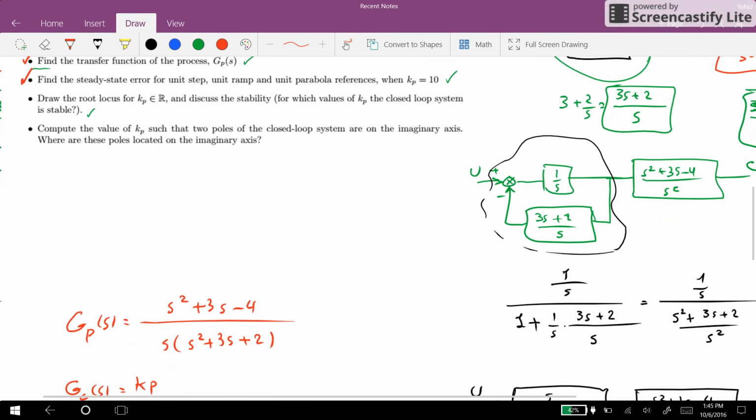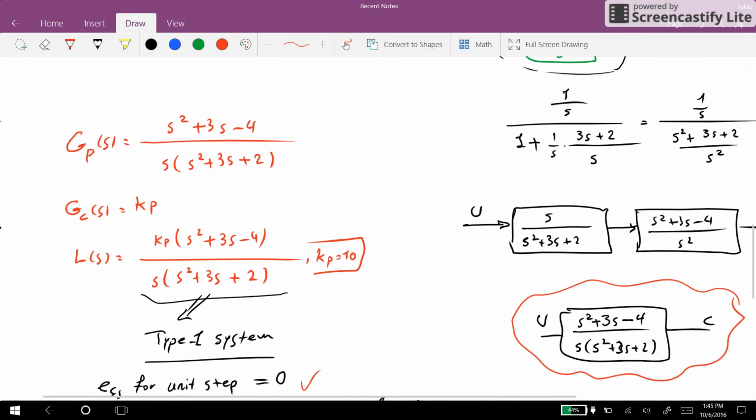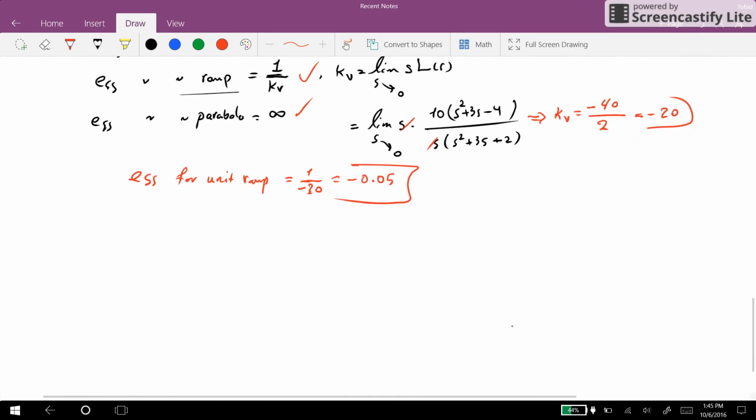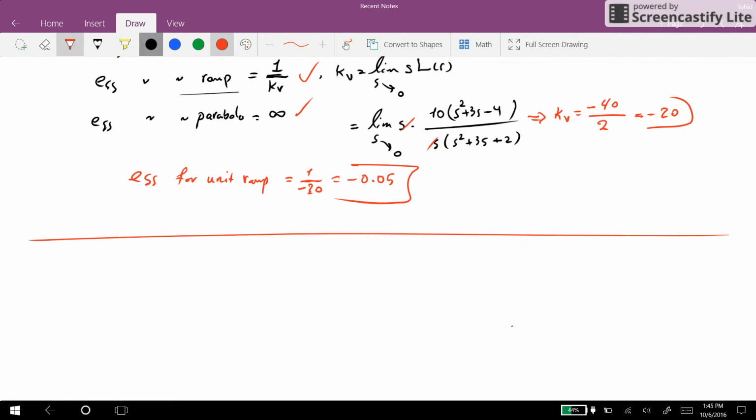In the third section, we need to draw the root locus for Kp in R and discuss the stability. So we have Gp given in this form. Let's start plotting the root locus for Kp in R. We just set the value of Kp equal to 1, draw the root locus, and then we can discuss based on the different values of Kp.